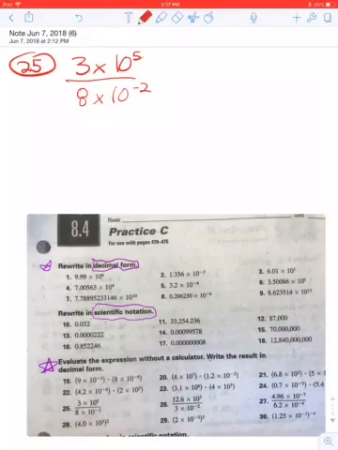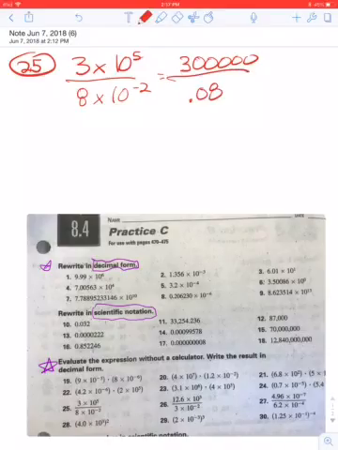So what you could do here is you could write this out in decimal form, and you could write this out in decimal form, and you could divide them in a calculator and you could get the answer.